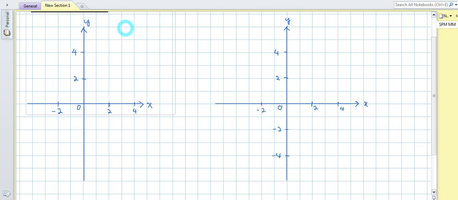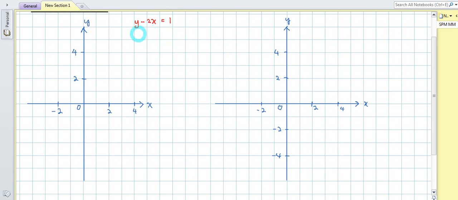When we have an equation, we want to draw a straight line. So how do we draw it? It's actually very easy. When we want to draw a straight line, we just need 2 points. Okay, let's say we have an equation y minus 2x is equal to 1.